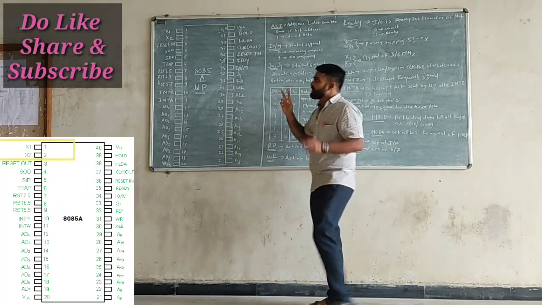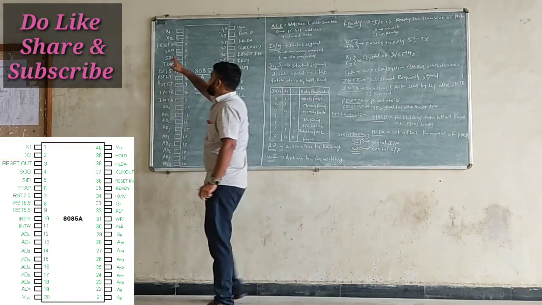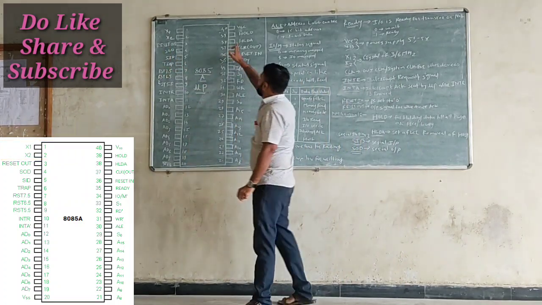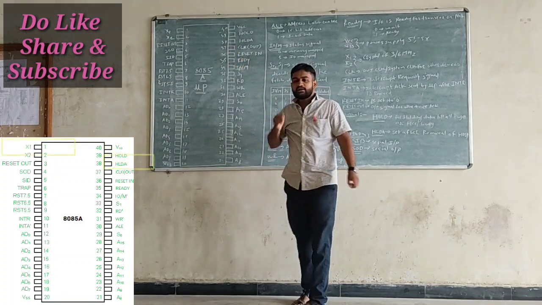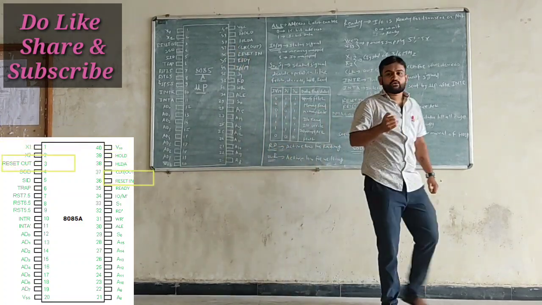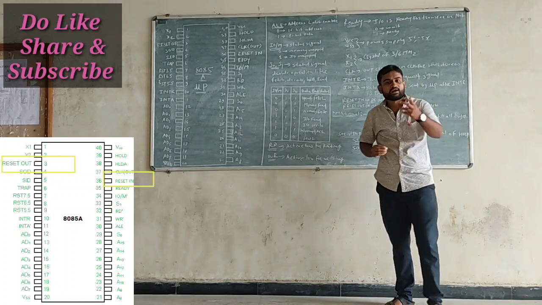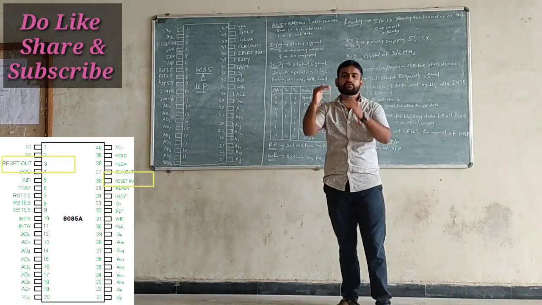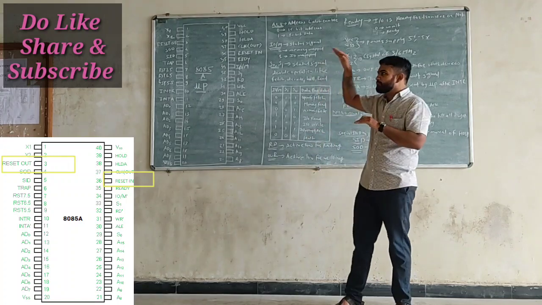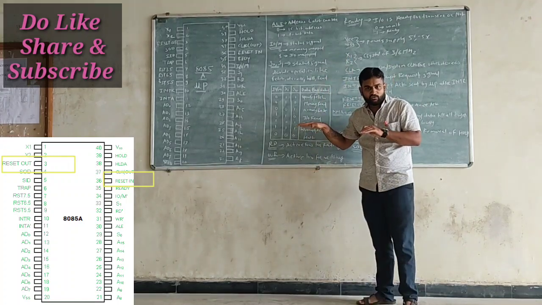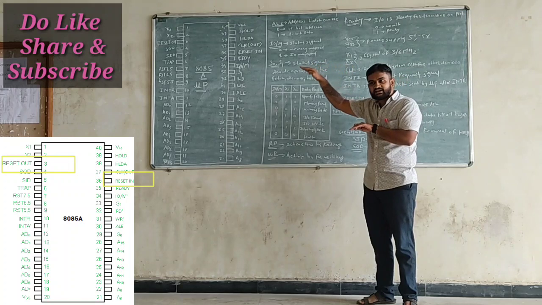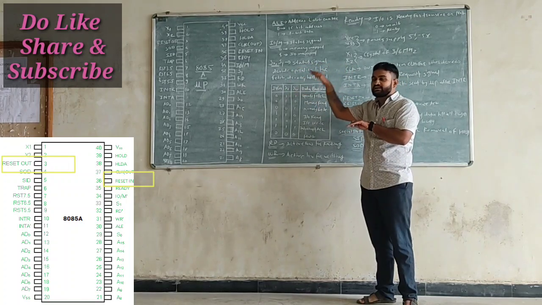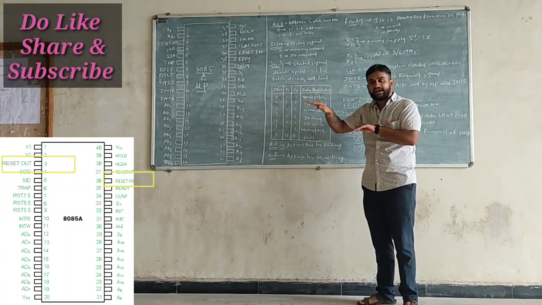After that, we have 2 very important pins, that is reset out and reset in. In the earlier architecture video, we discussed the program counter. Whenever a microprocessor executes any program, it executes the program sequentially. Maybe the first instruction we fetch, decode and execute, after that the second, the third, fourth and fifth.